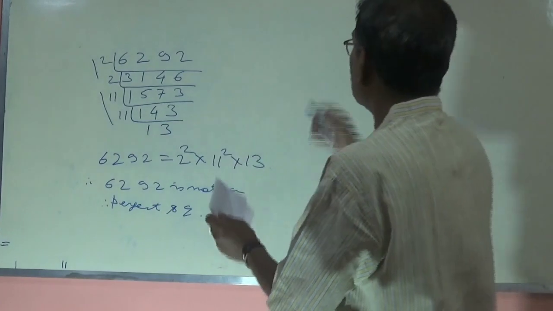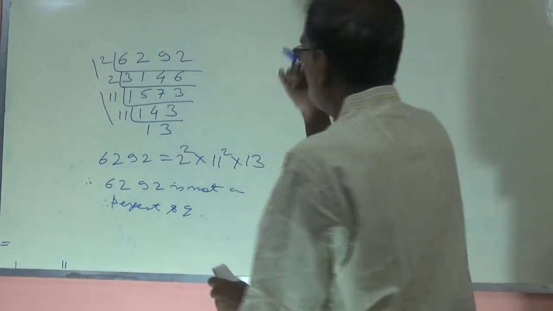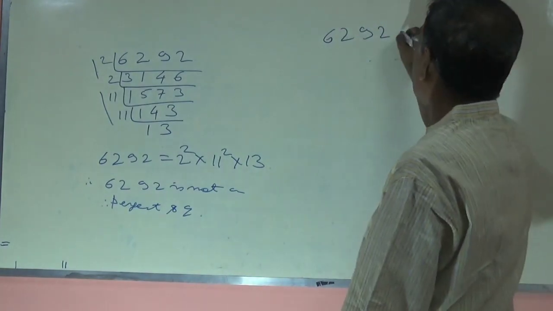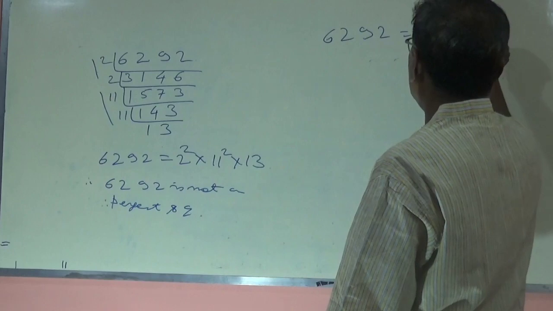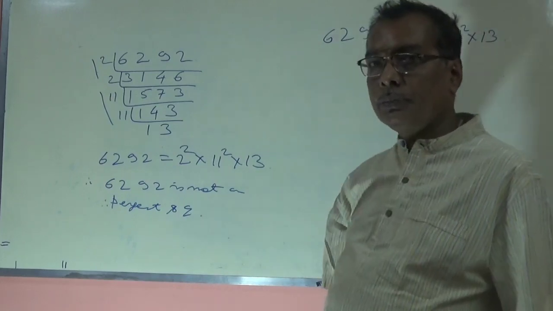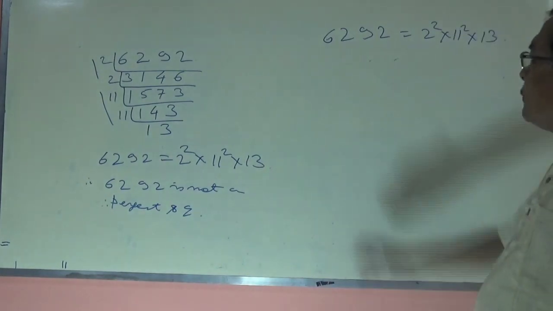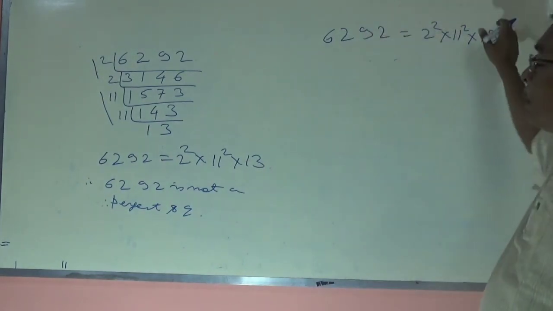Now let us think about this number, 6292. Again this number I have considered. And this one is equal to 2 square into 11 square into 30. So I am finding that 6292 is not a perfect square because 13 power 2 is not there.